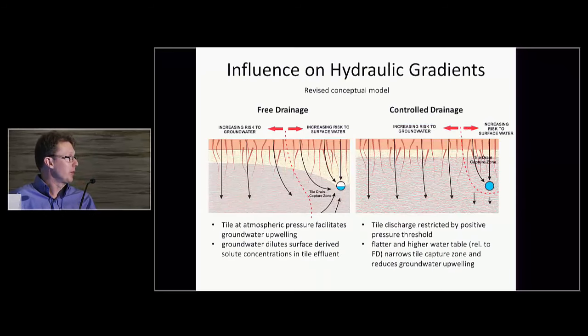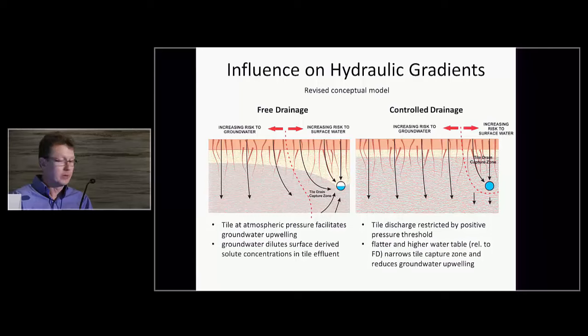Influence of hydraulic gradient. So we simplify now what we saw with the model results into some cartoons, and in the context now of the original conceptual model that I presented, which is the traditional conceptual model for how tile drains work in the natural environment.